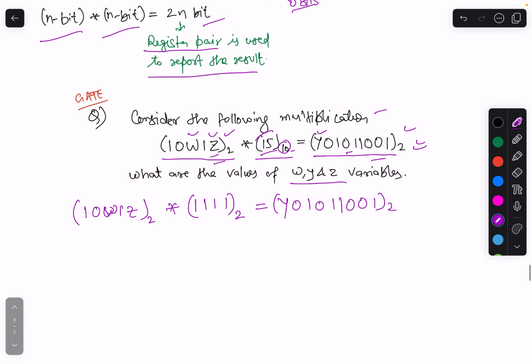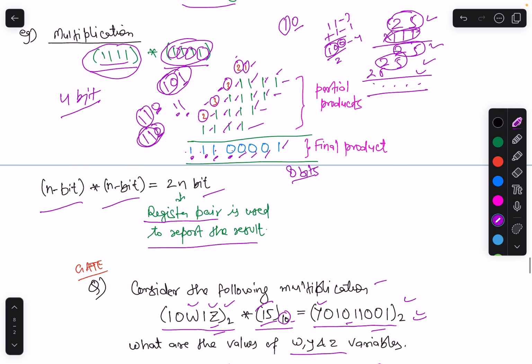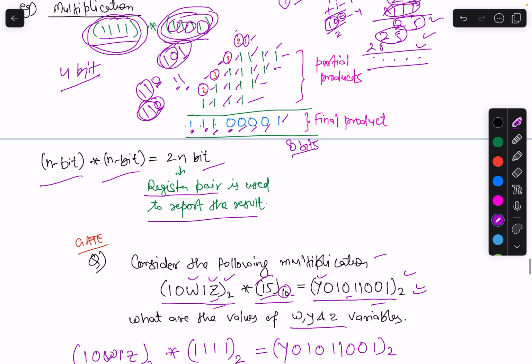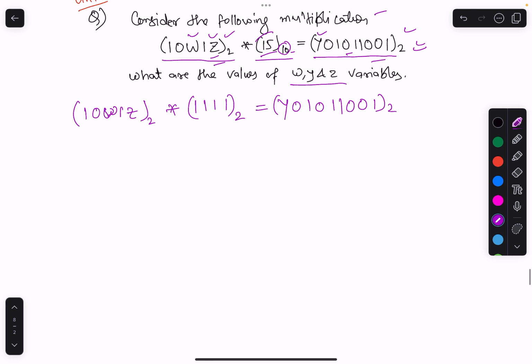In this multiplication, we saw that if we want to multiply some number with 1111, we just write this number that many times. So we want to multiply this number with 1111, that means we need to write this 4 times, and then we will add, right?